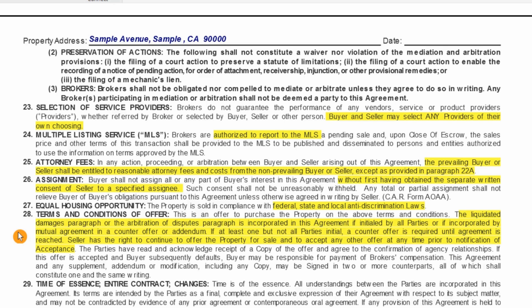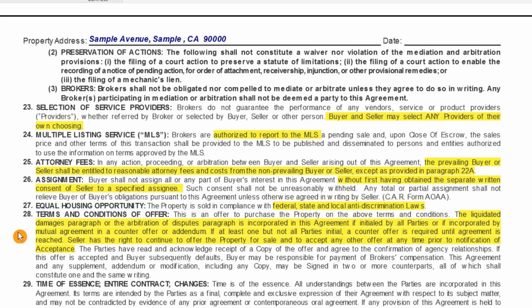Paragraph 28 discusses terms and conditions of the offer. It states that this is an offer to purchase the property on the above terms and conditions, and then it goes on to state that the liquidated damages paragraph or the arbitration of disputes paragraph is incorporated in the agreement if initialed by all parties or if incorporated by mutual agreement in a counteroffer or addendum.